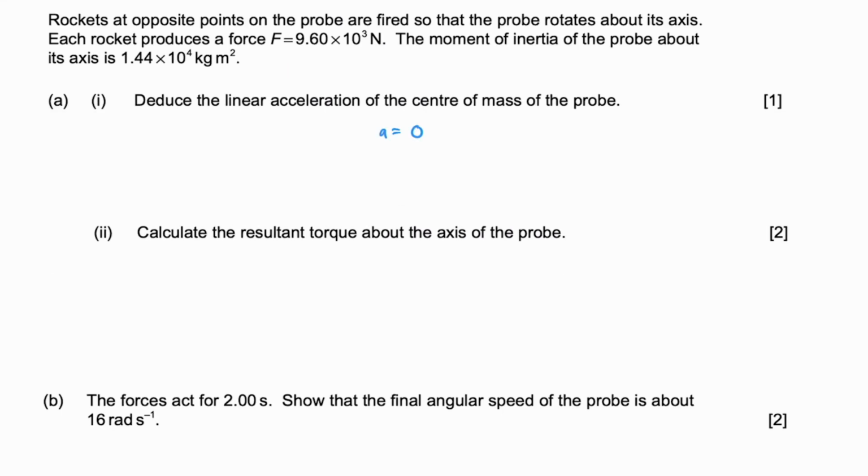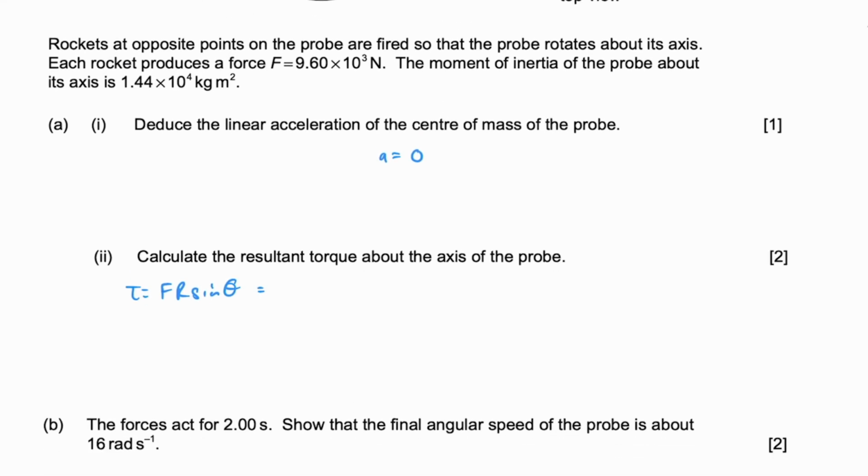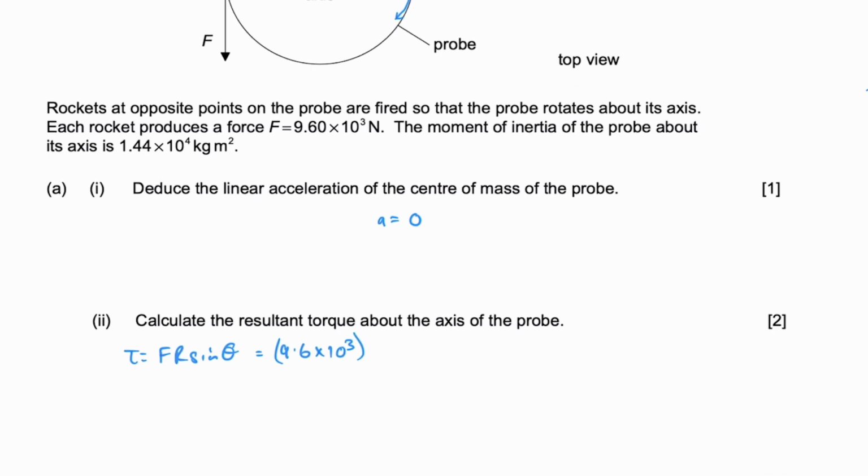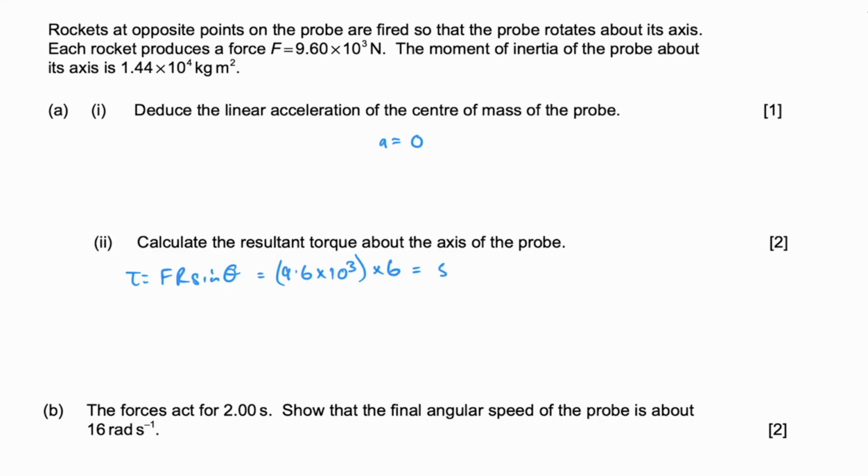A2. Calculate the resultant torque about the axis of the probe. Torque is equal to F r sine theta. F is the force produced by the rocket, which is 9.6 times 10 to the 3. R is the radius, which is 6 meters. For one rocket, the torque is 57,600 newton meters.